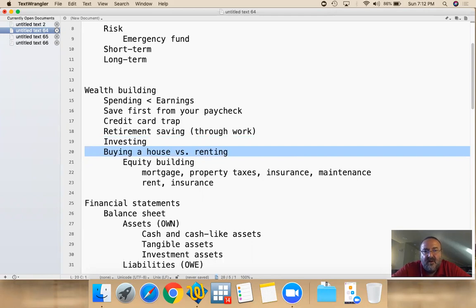Now, with respect to wealth building, once you commit to it, this is something that you have to pay every month with respect to mortgage. It just becomes a method of almost compulsory savings for the future.